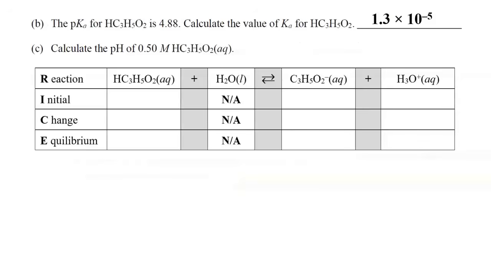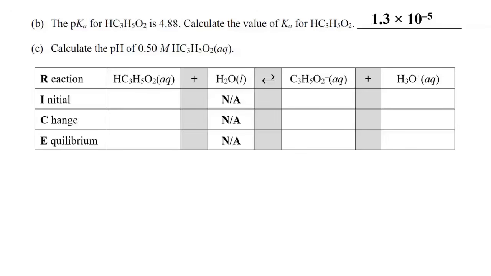So here is my rice table involving the reaction between propanoic acid and water to produce the propanoate ion, C3H5O2-, and the hydronium ion. And the reason why we're doing a rice table is so we can calculate the concentration of the hydronium ion. Then, once we have that value, we can take the negative log of the hydronium ion to get the pH, and that will be our answer to part C.